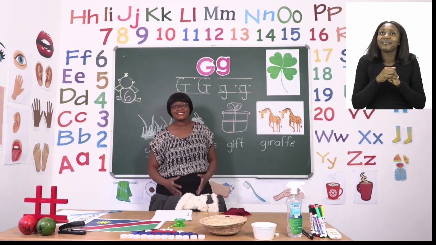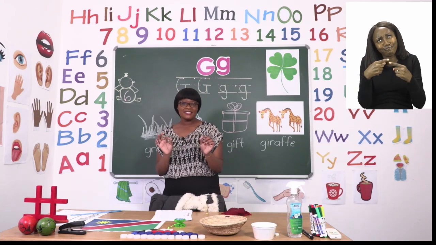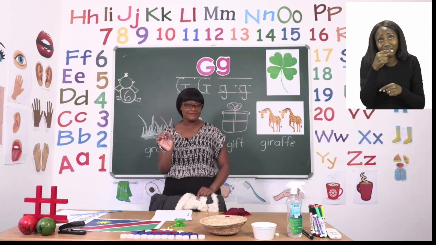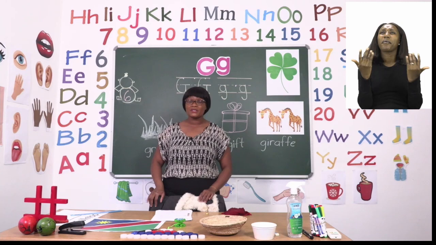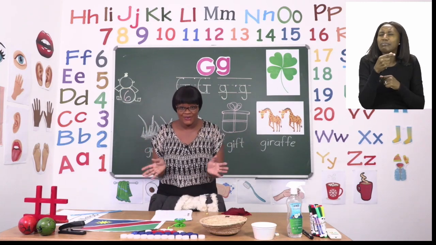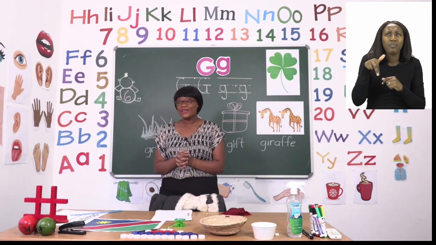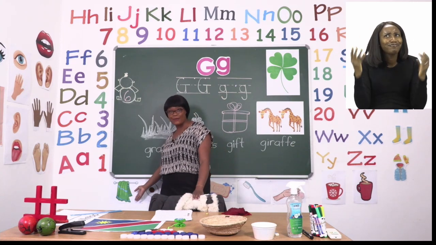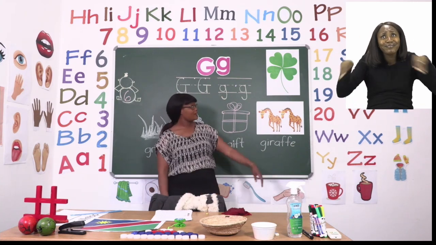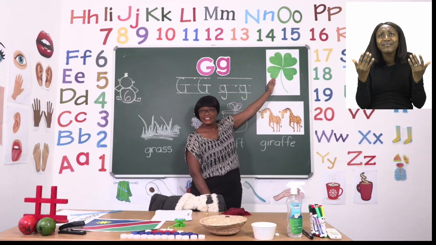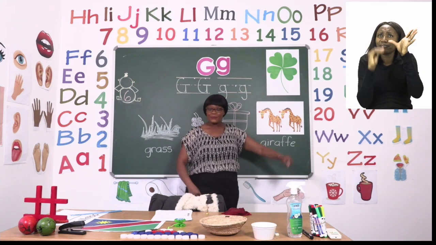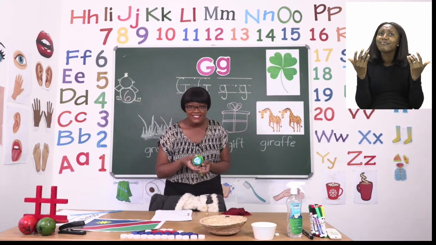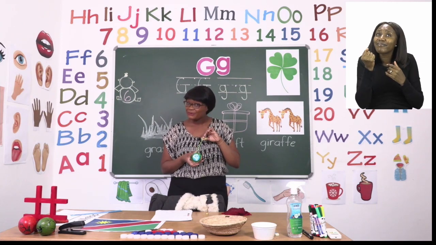But there are other things that have G in them, especially the color green. Now the color green is very important because we see it everywhere. Like in this classroom, we have a green towel at the bottom. Then we have a green four-leaf clover. We have a green MyZone yo-yo.